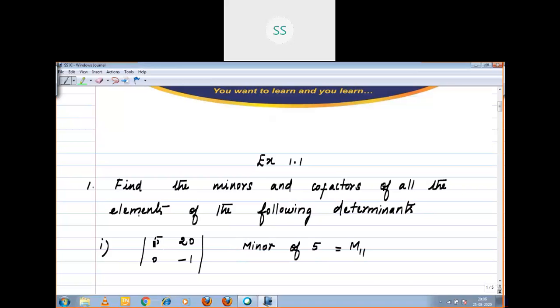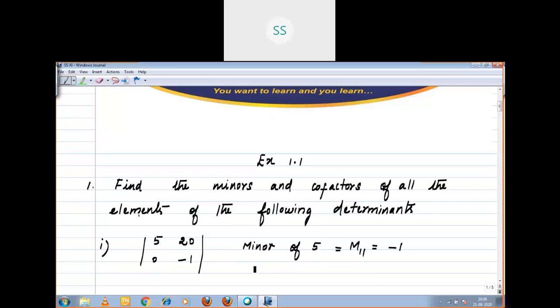You have to delete the first row and the first column. Which element exists? Minus 1. That is the answer. Again I repeat, whichever element you are selecting, that particular row and column should be deleted. The rest of the thing will give you the minor.